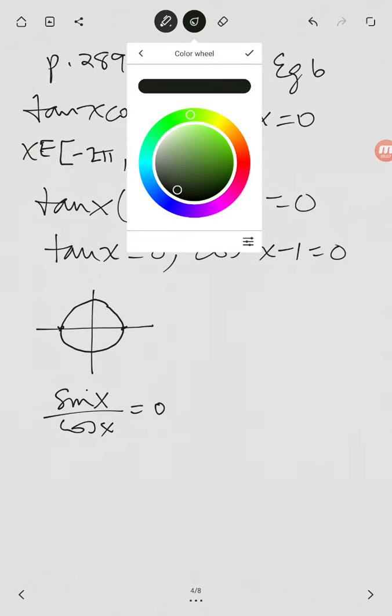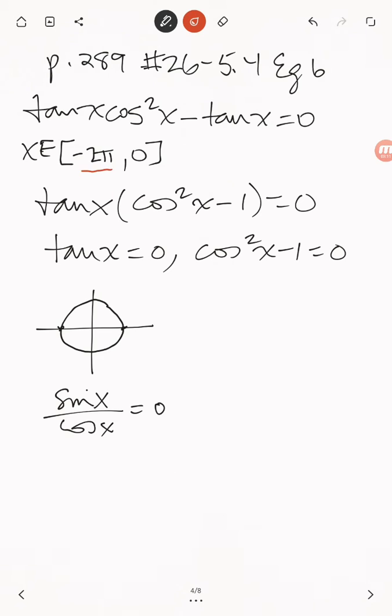However, our domain is negative 2 pi to 0. So instead of it being 0, pi, and 2 pi, it's going to be negative 2 pi, negative pi, and 0.